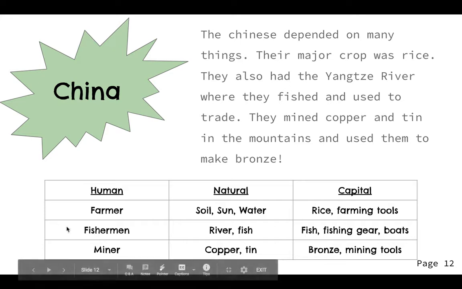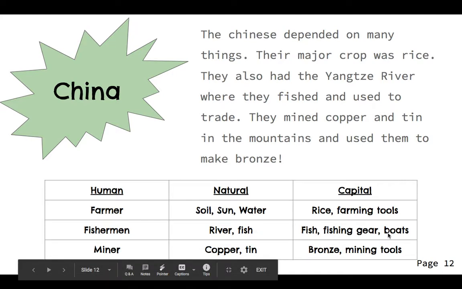So going on to the next example, we have fishermen. They would need the river and they would need the fish. The capital resources are also fish. Remember I said how capital resources can also be natural. Because if it's the thing that they are making or selling, then it becomes a capital resource as well as a natural resource. So don't let that confuse you.